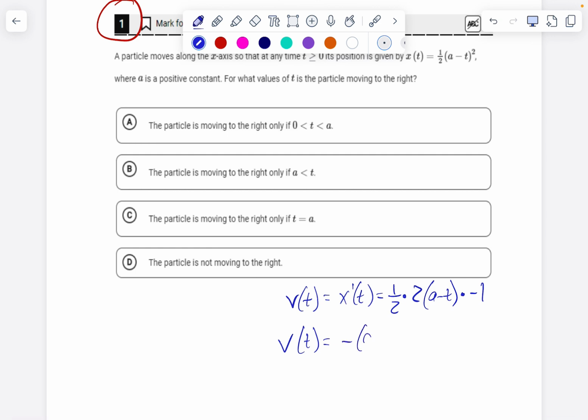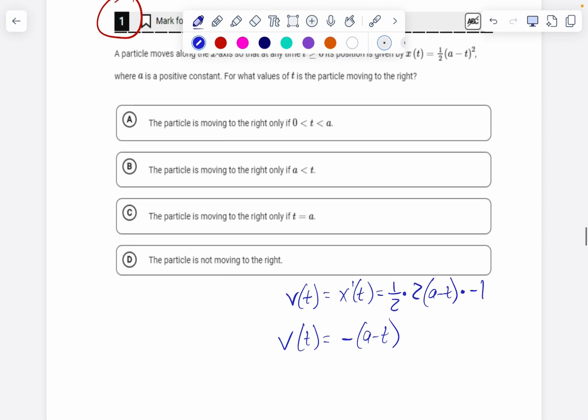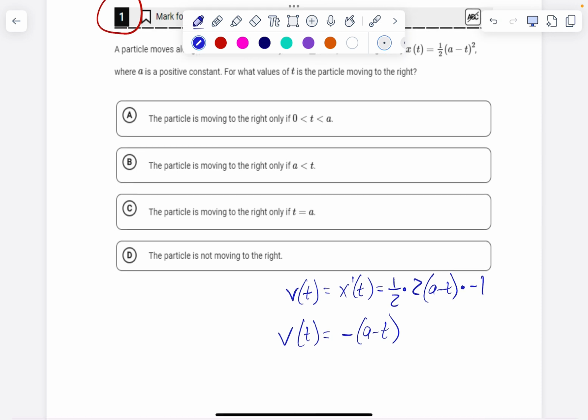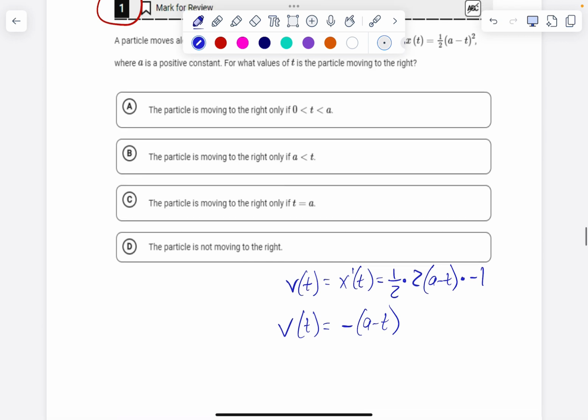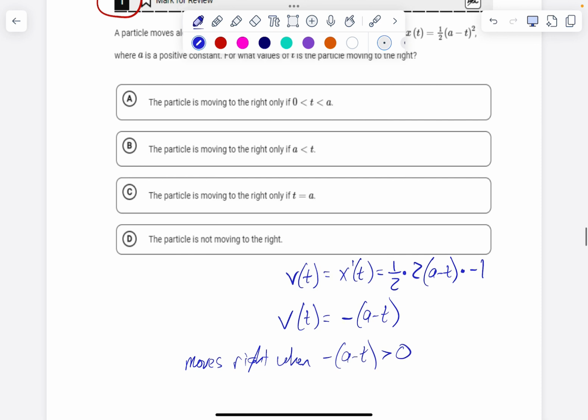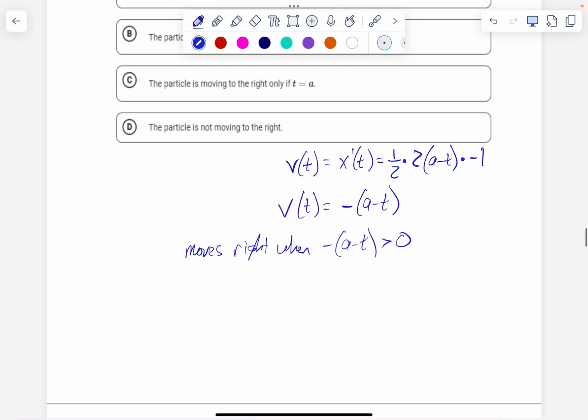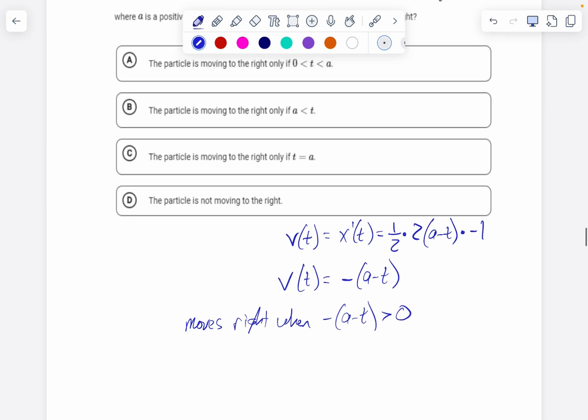And we'll get negative a minus t. Okay, so that's our velocity, and this particle is moving right when negative a minus t is greater than 0.